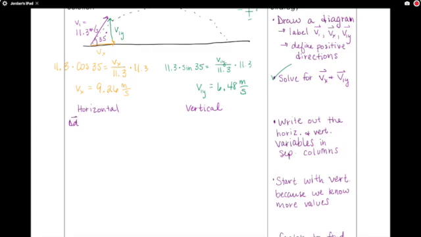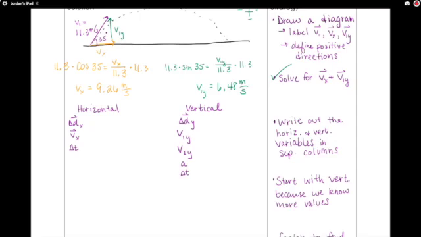We're going to have displacement in the x-axis, the velocity in the x-axis, and then the time elapsed. And then for vertical, we're going to have displacement in the y-axis, the initial velocity, the final velocity, acceleration due to gravity, and time.